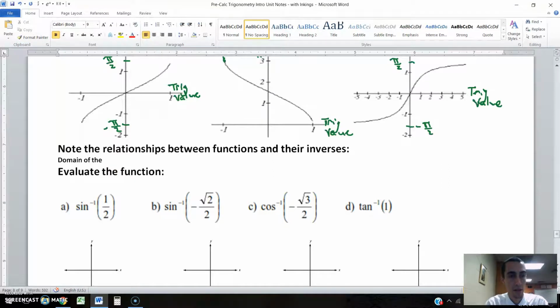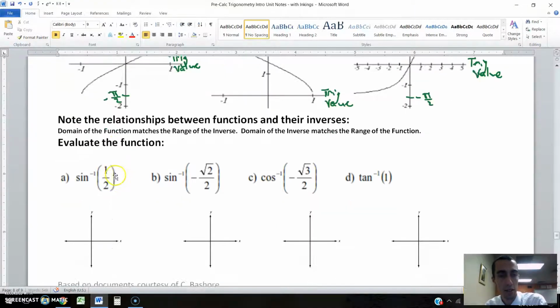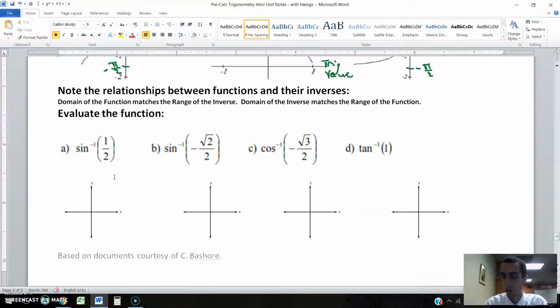The domain of the function matches the range of the inverse, and the domain of the inverse matches the range of the original function. All right.